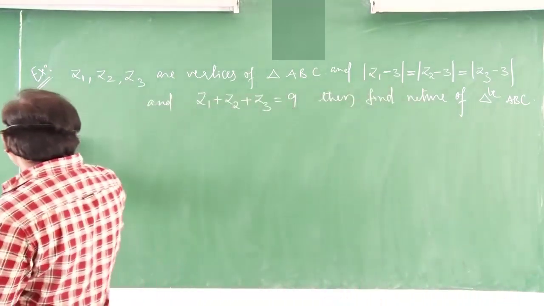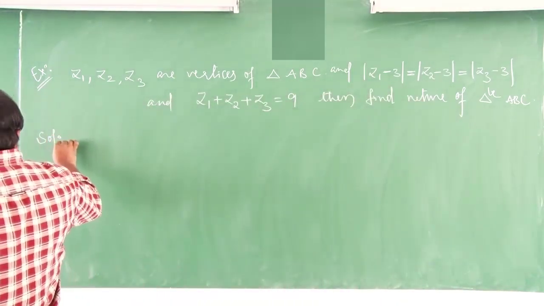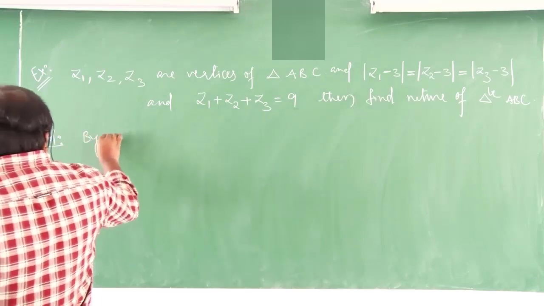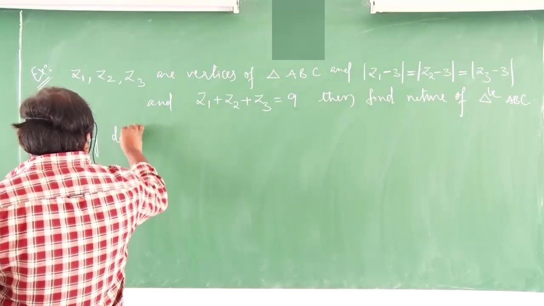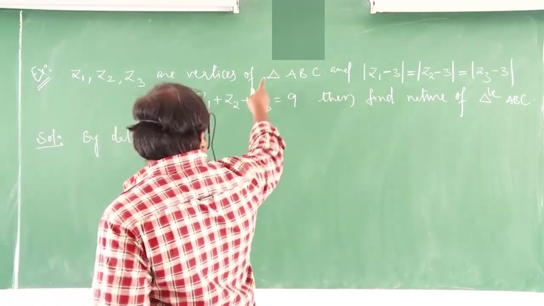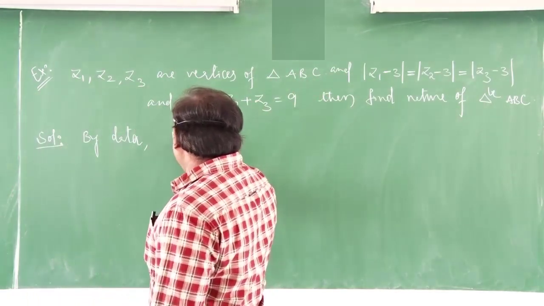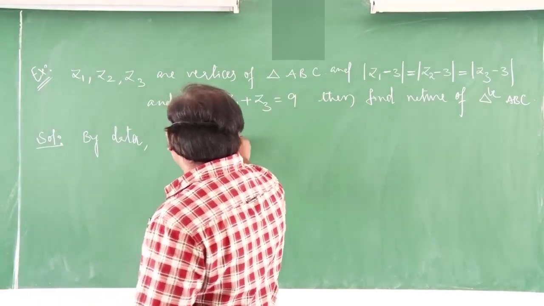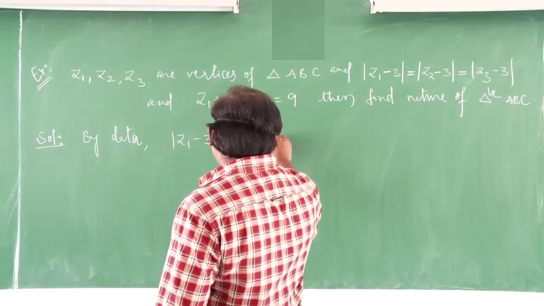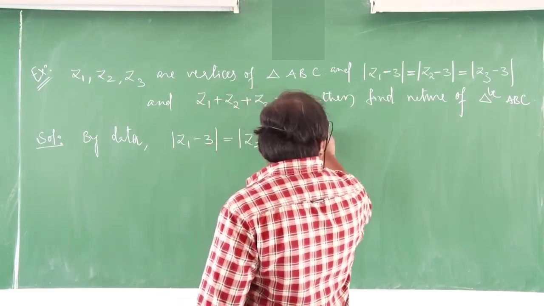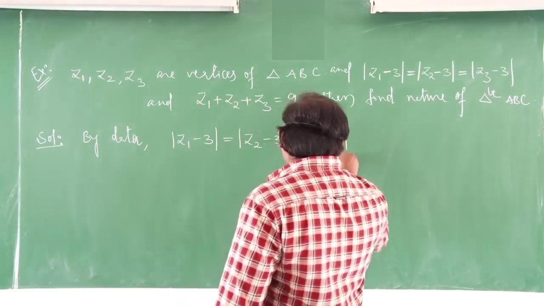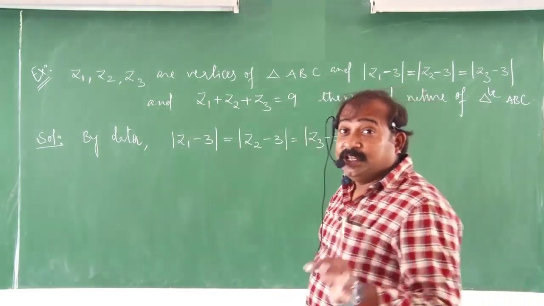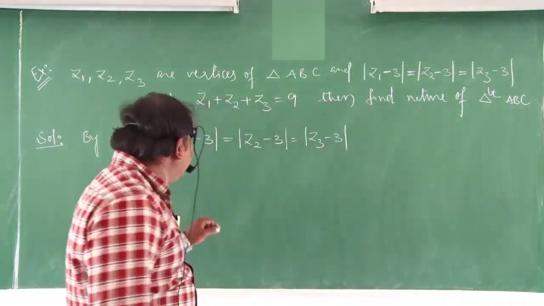Listen here. By the given data, modulus of Z1 minus 3 is equal to modulus of Z2 minus 3 is equal to modulus of Z3 minus 3. What is this meaning geometrically?